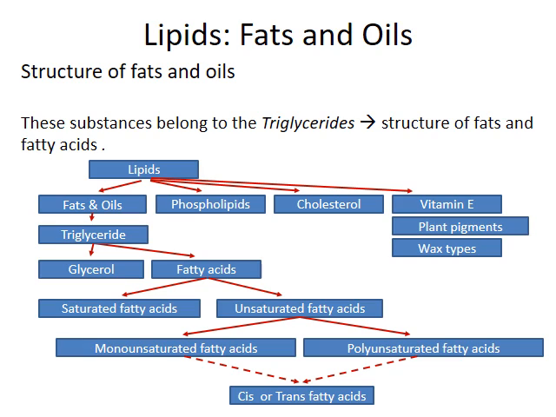And then the unsaturated fatty acids can be divided into groups: the monounsaturated fatty acids and the polyunsaturated fatty acids. Unsaturated fatty acids can be either a cis or a trans fatty acid, and this has to do with the structure and the form of the unsaturated bond in the fatty acid.